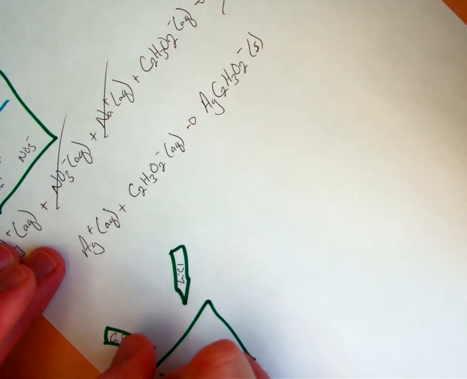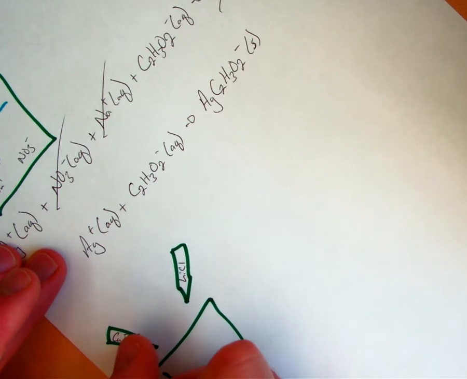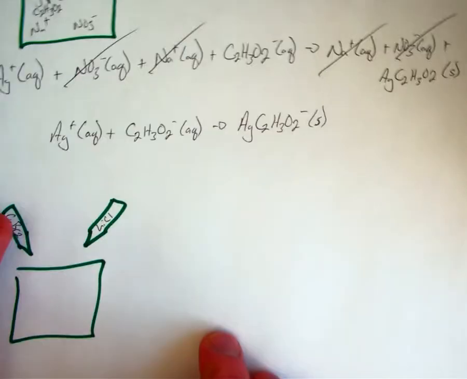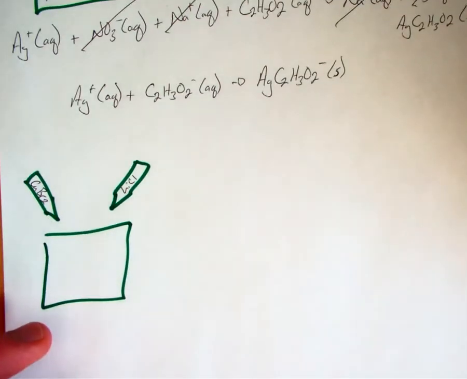Calcium bromide. Bromine is a halogen, calcium is a group 2 metal. That means CaBr2. So, fill it with water, mix them.